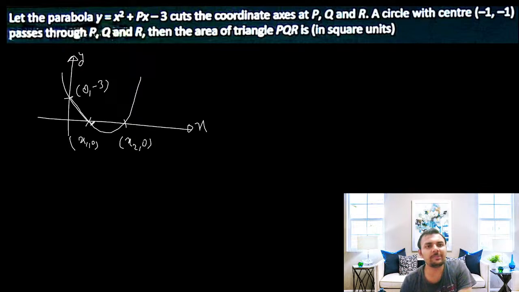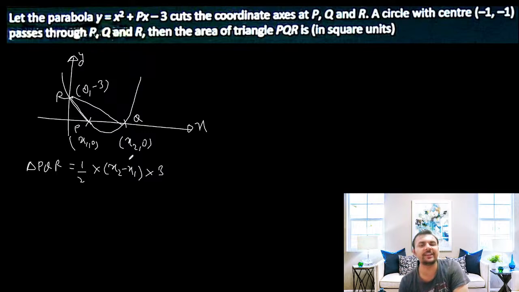We are making a triangle PQR. So the area of triangle PQR is nothing but half into x2 minus x1 into height. Height is minus 3, we'll take it 3 because the area is going to be positive, isn't it?